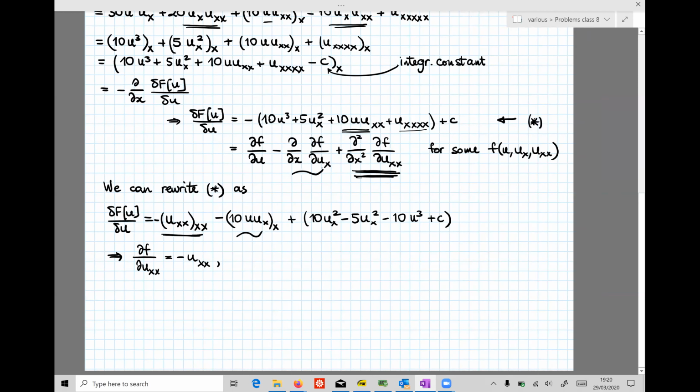From comparing the two terms which are underlined with the wiggly line, we obtain that the partial derivative of f with respect to ux should be equal to 10 ux. And finally, we have the terms which are not underlined. That tells us that the partial of f with respect to u should be equal to 10 minus 5, that's 5 ux squared, minus 10 u cubed plus c.